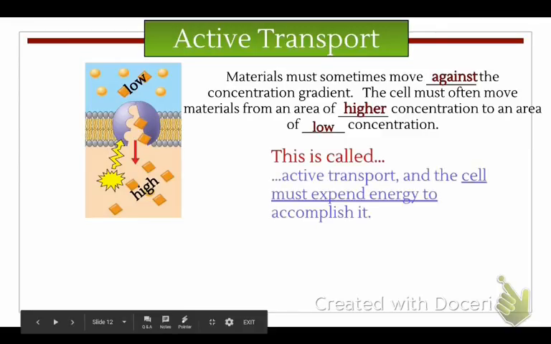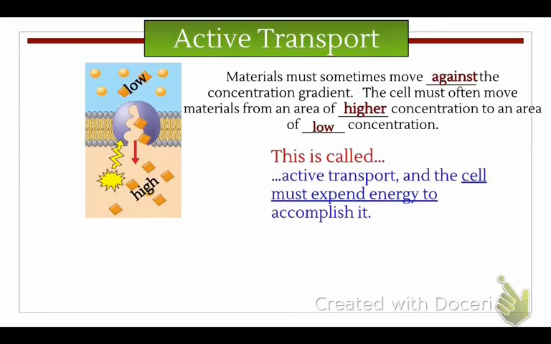Okay, going from low to high, so the picture is labeled correctly for you. This is called active transport, and the cell must expend what? Energy to accomplish this, okay?